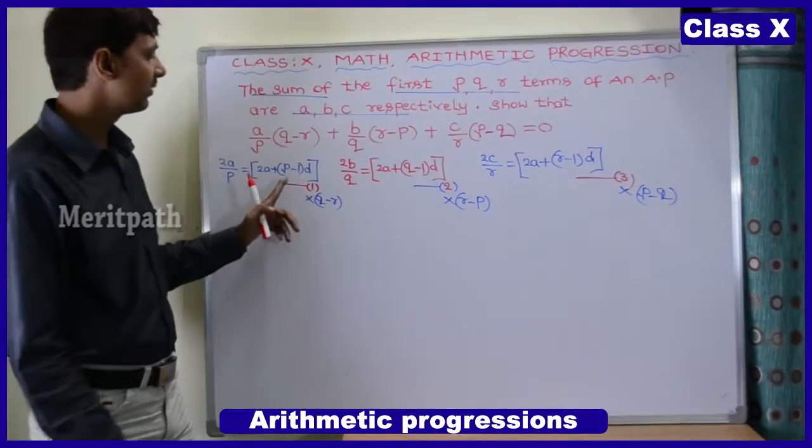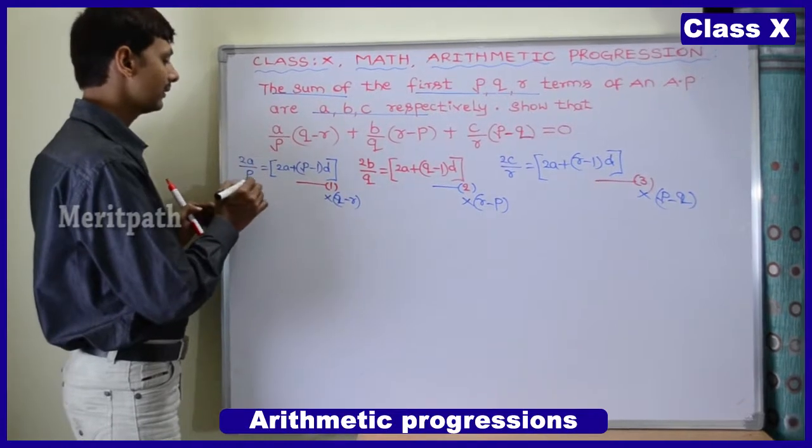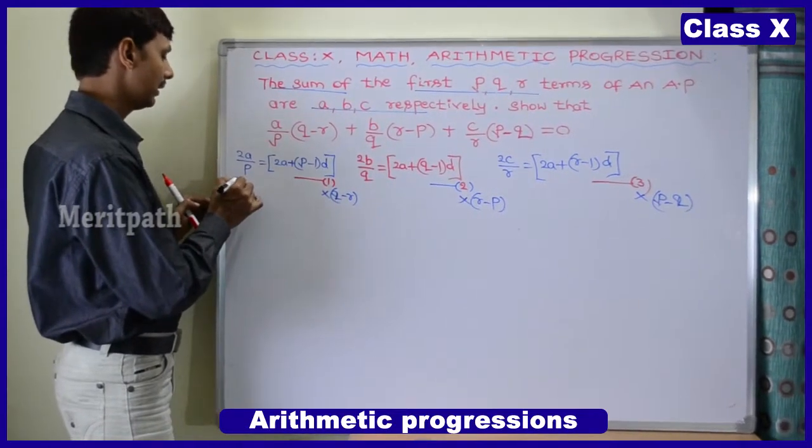So let us multiply the first equation by q minus r. Not only the right hand side, we need to multiply the left hand side also.